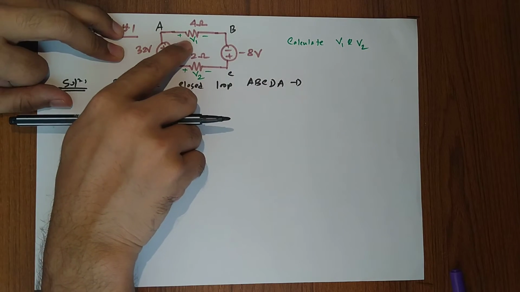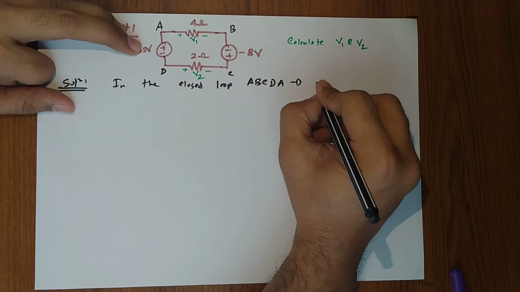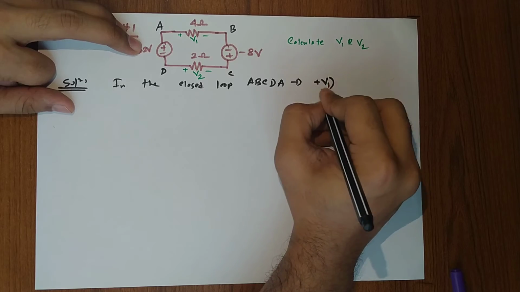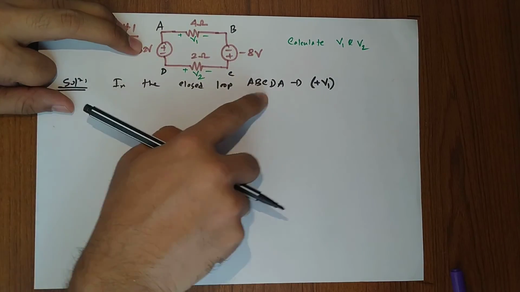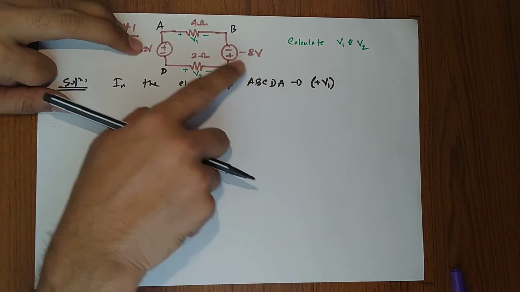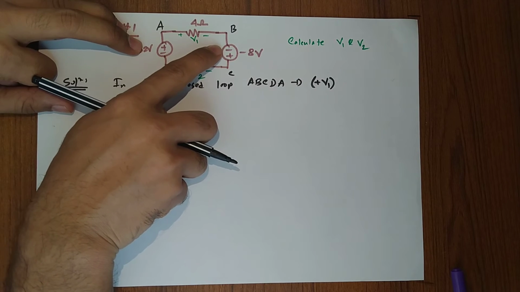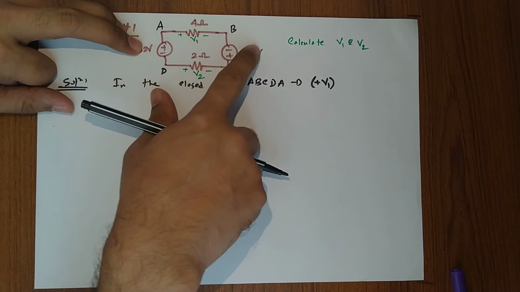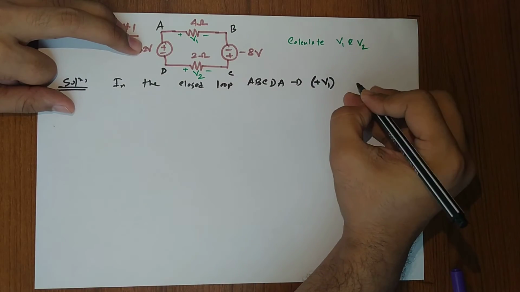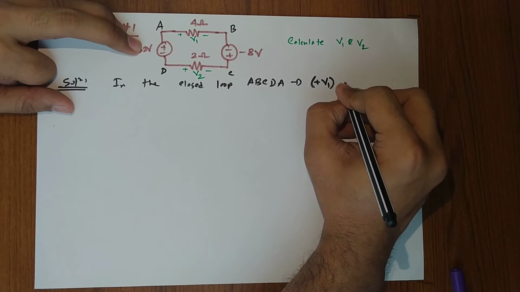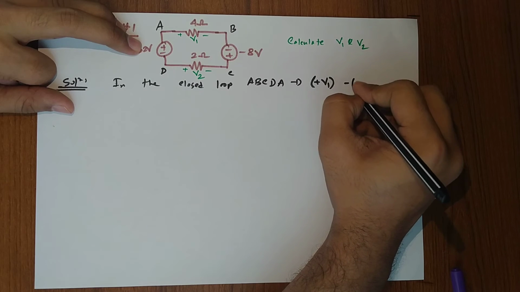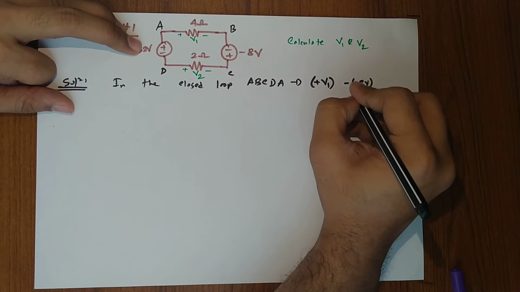From A to B, we are having positive V1. And from B to C, we are entering the negative polarity. The value of this voltage source is minus 8 volt, so this will be minus of minus 8 volt.